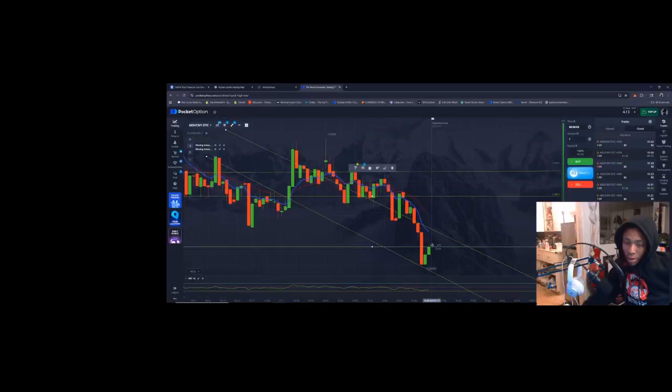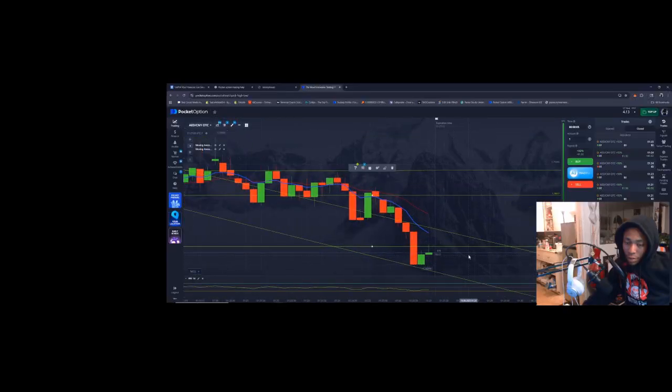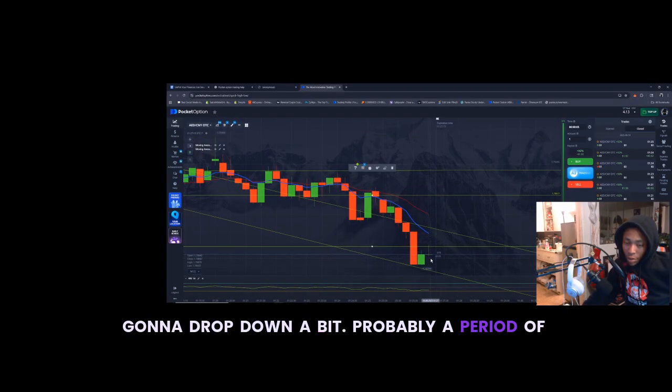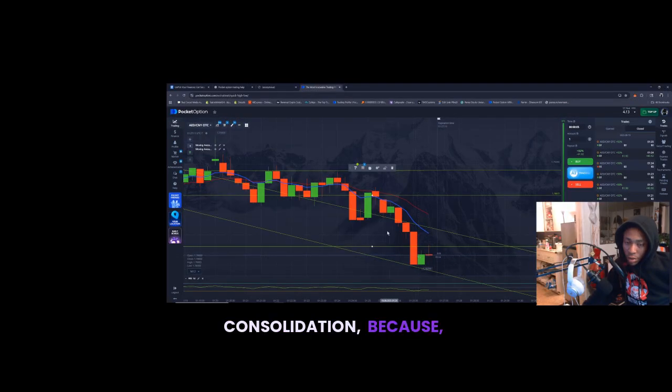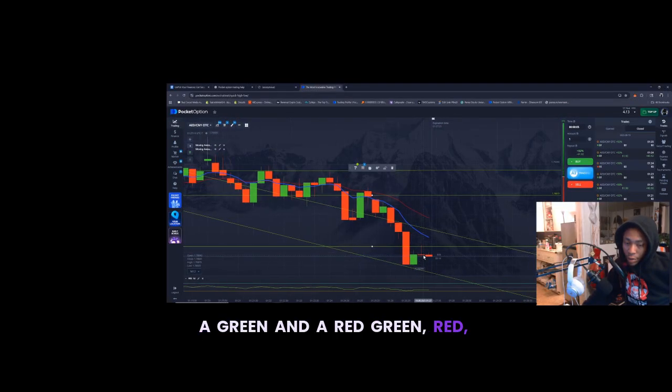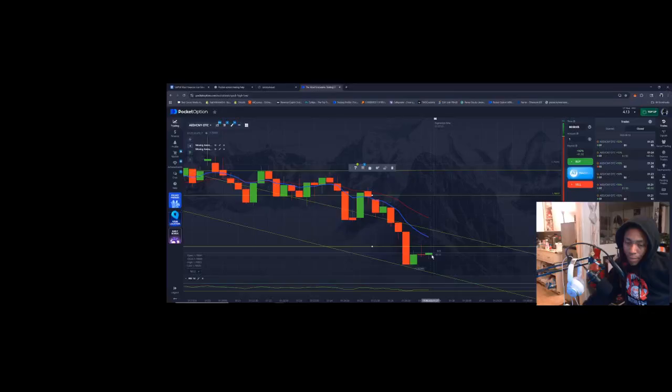It's gonna hike, it's gonna drop down a bit, probably a period of consolidation. This way. Boom, a green and a red, green, red. Gonna get pushed back and it's gonna be over.